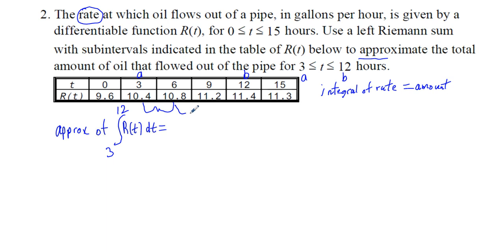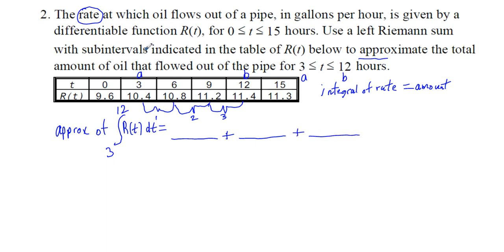Between 6 and 9, we have a second interval. And between 9 and 12, we have a third interval. So 1, 2, 3. So that means we're going to put 3 blanks separated by 2 plus signs.